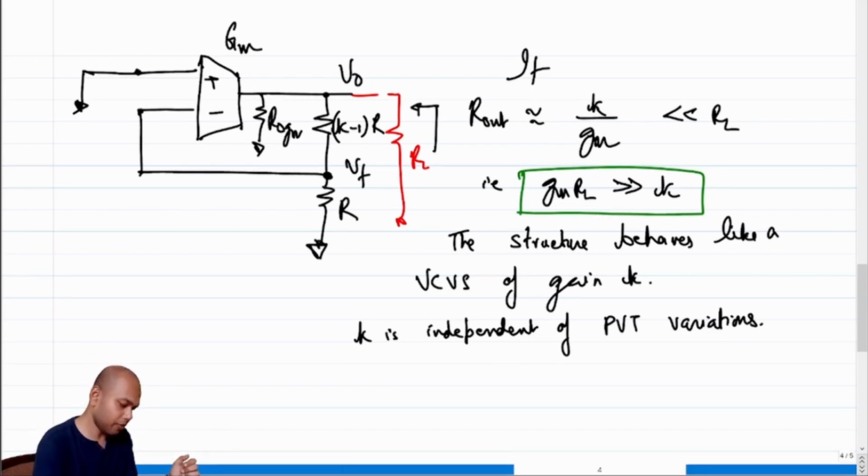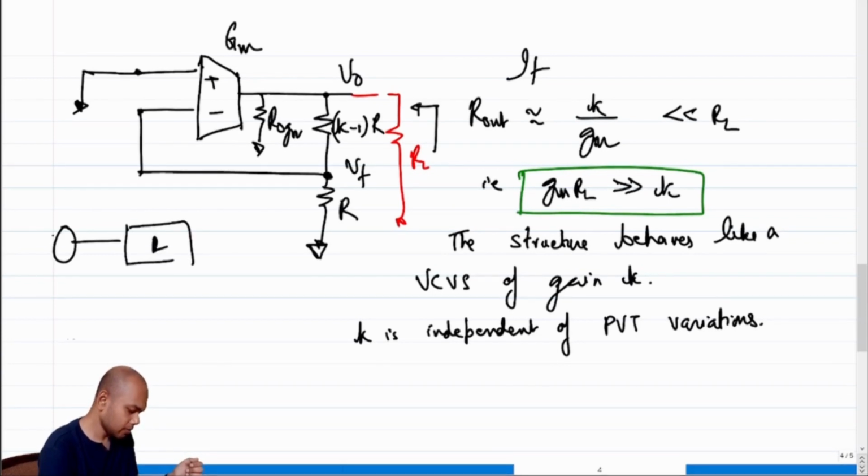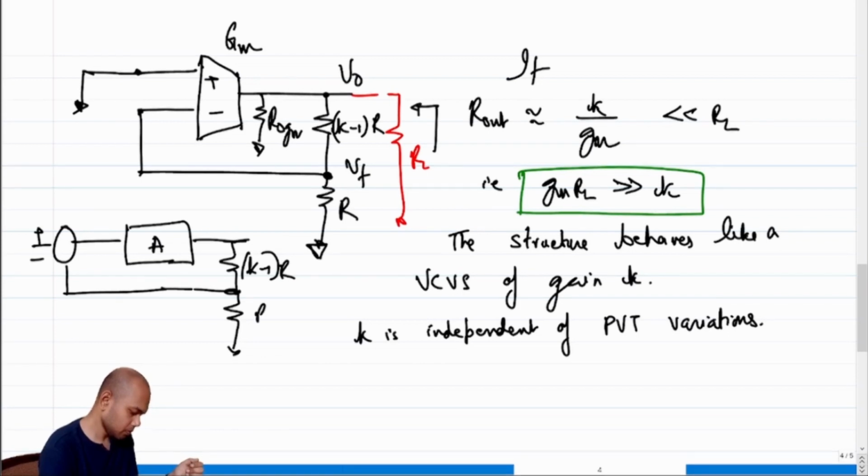So if I have to equate this structure with this structure, what is the gain if I have to equate these two structures?